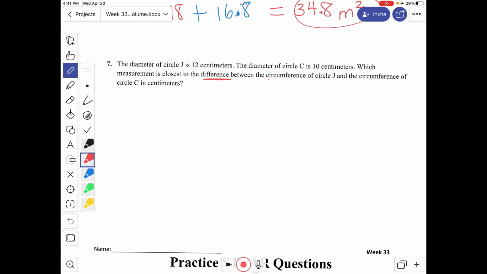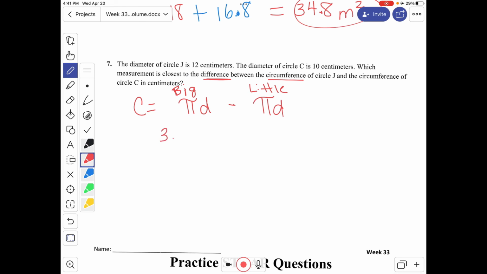So we're going to subtract the two circumferences. The formula for circumference is pi times diameter. So we're going to put the big circle minus the little circle, and the formula will be the same for both.